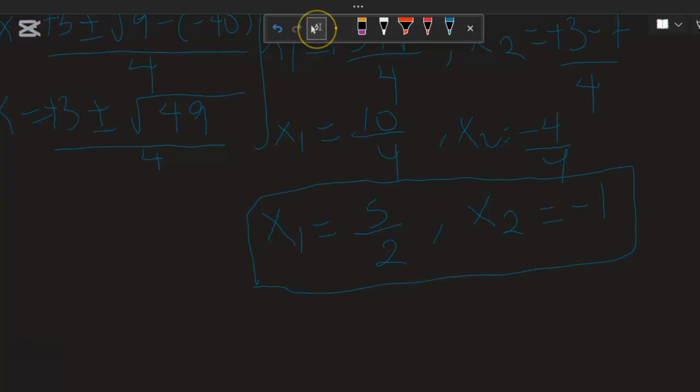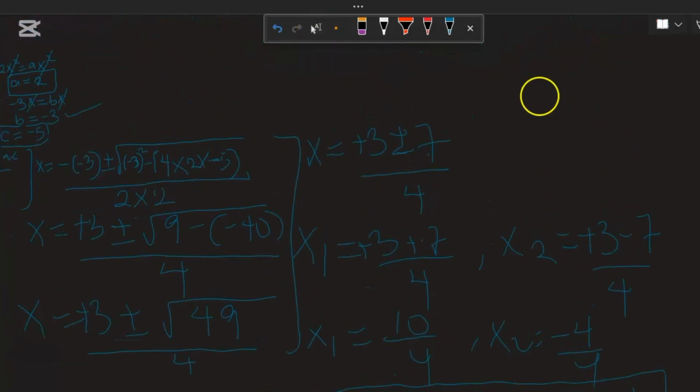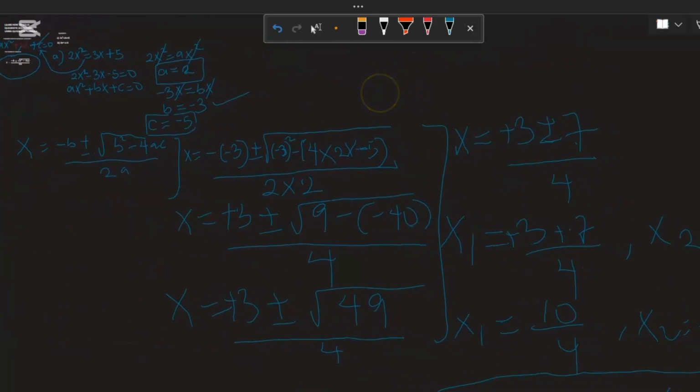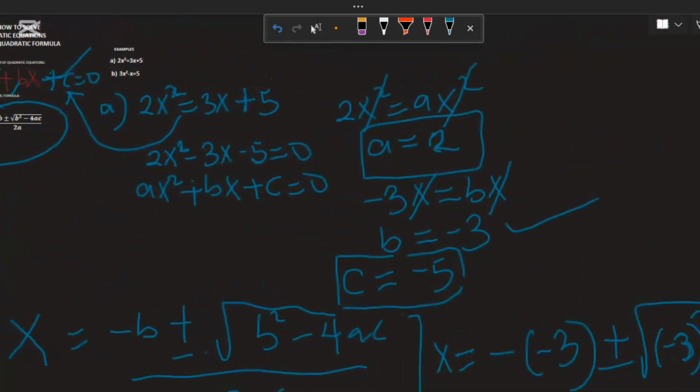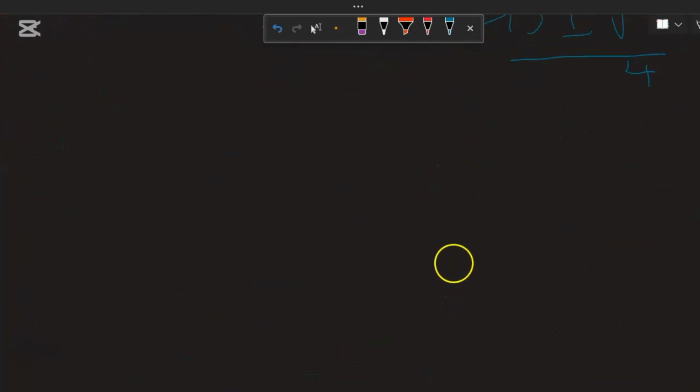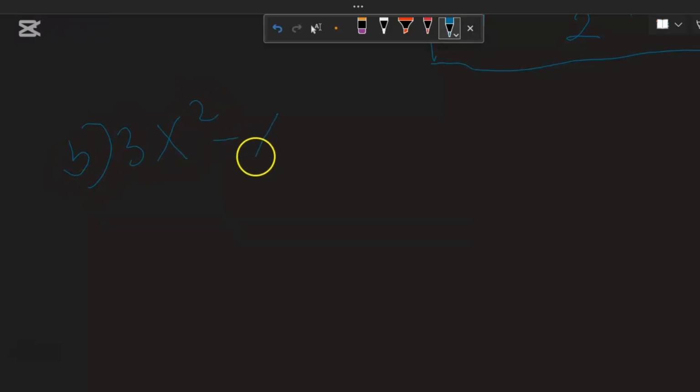Let's take a look at the second example. The second example says 3x squared minus x equals 5. Just the same way we solved the first one, this is not in the standard form, so let's make it standard form by equating it to 0.